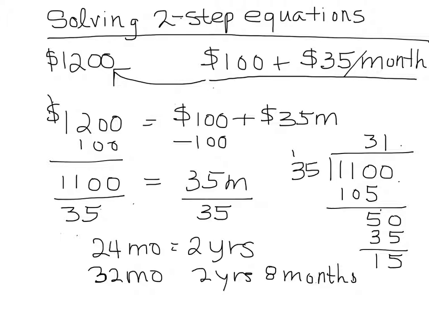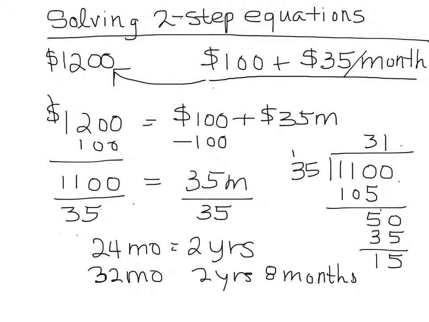So if I think I'm likely to want to be at the gym, at the athletic club, for at least 2 years, 8 months, and enjoy it and continue to get use out of it, then I might as well plunk down my $1,200 and join right now.